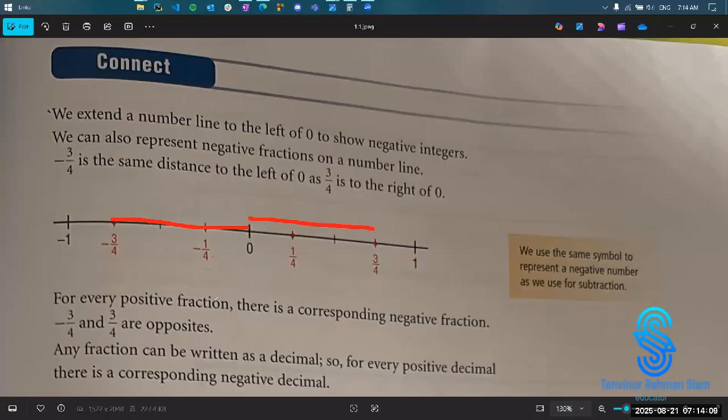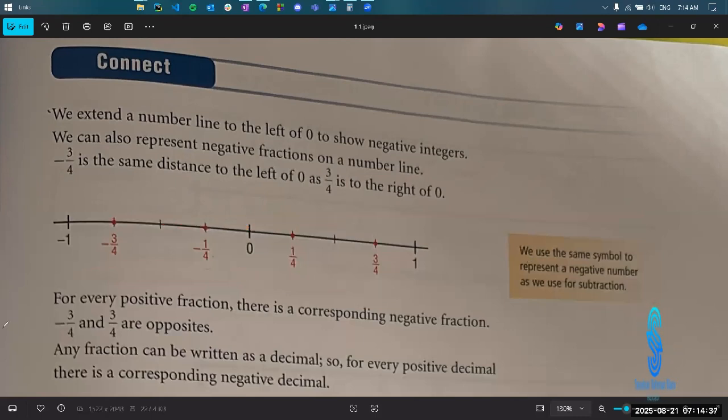We know this particular thing. And also we can say that 0 to minus 1 and 0 to positive 1, the distance is same. Just the sign is different. Right or not? Right.